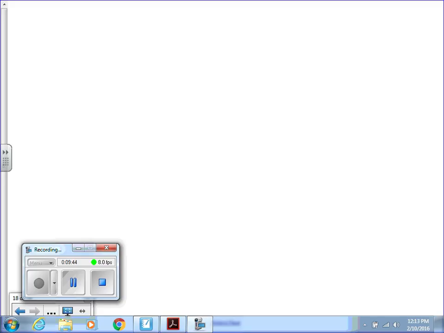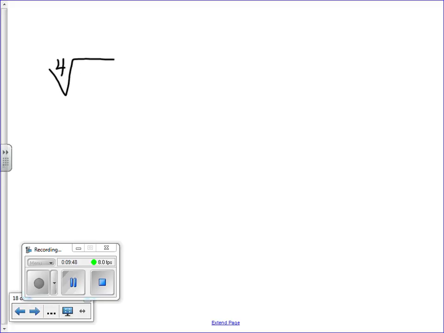Okay, for example, let's say we have the fourth root of 32. How many factors have to repeat before we can bring them out? 4. 4 factors have to repeat because it is a fourth root. So what goes into 32? 2 and 16.